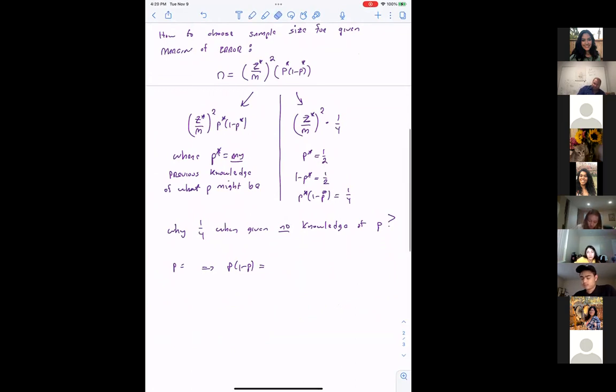I'm actually going to use 0.5 for this. It'll be easier. If P is equal to 0.5 or 1/2, what is P times 1 minus P equal to? 0.25 or 1/4. Give me another value of what P might be, any other value besides 0.5.